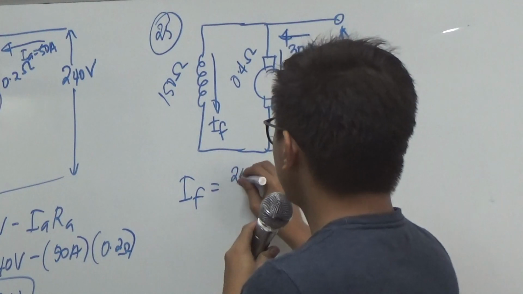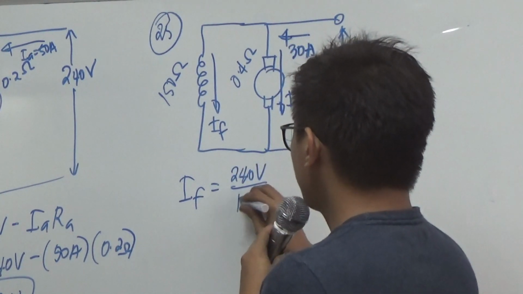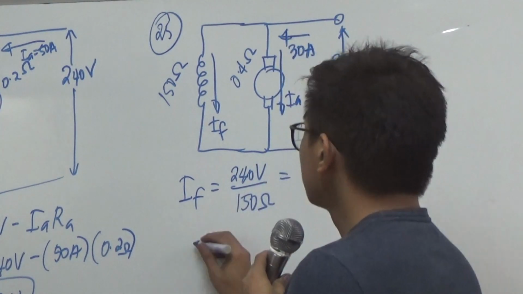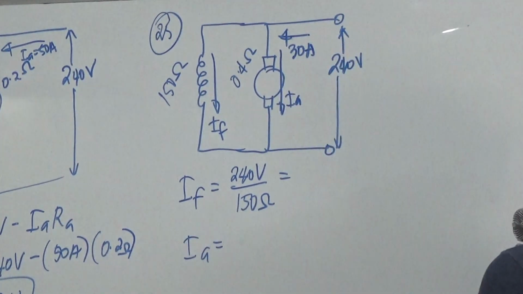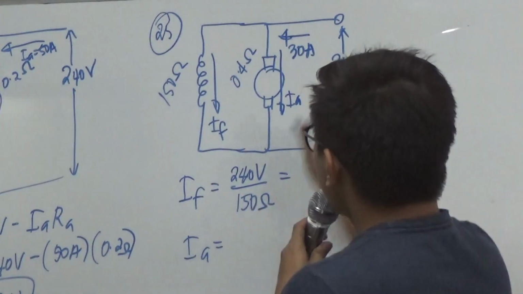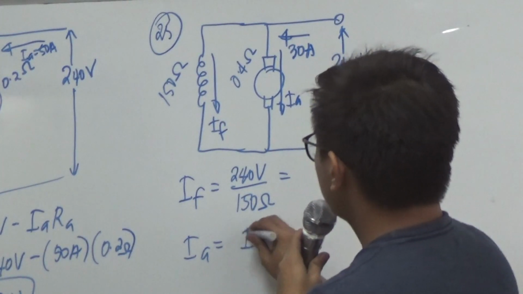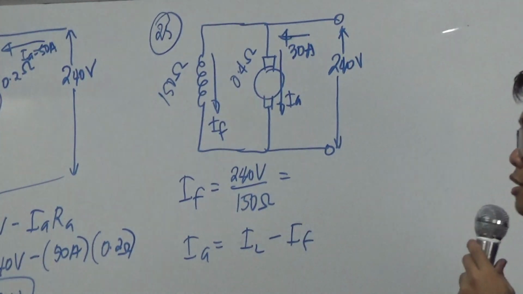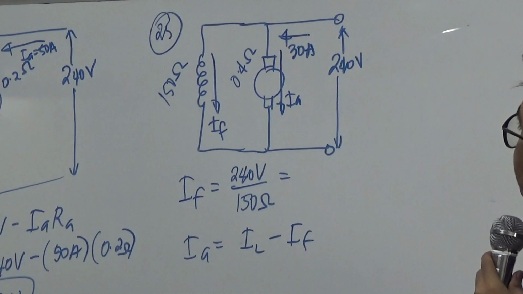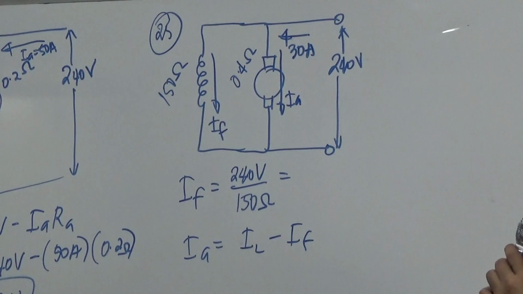IF is equals to 240 volts divided by 150 ohms. Then IA is equals to the IL which is 30 amps minus IF based on KCL. So ano yung sagot dito?